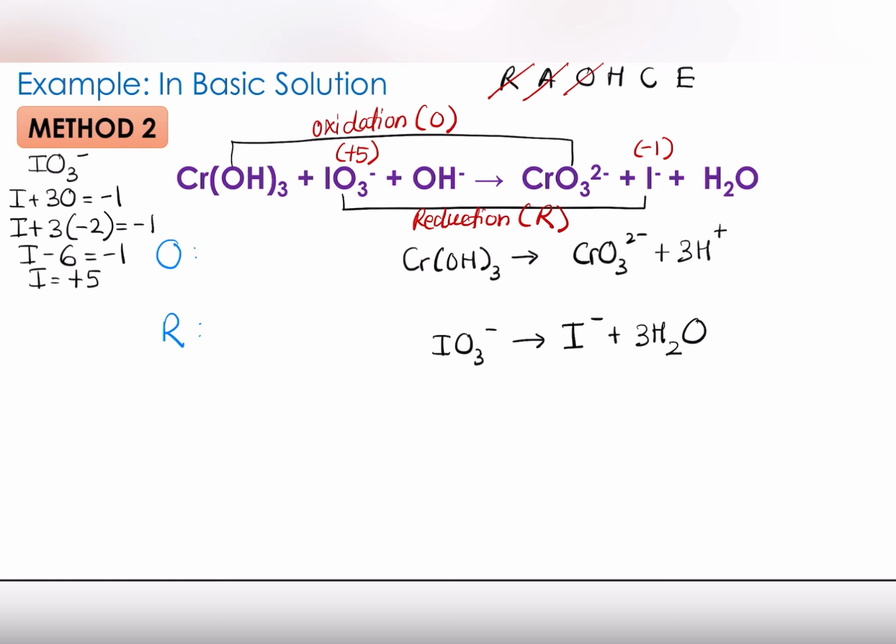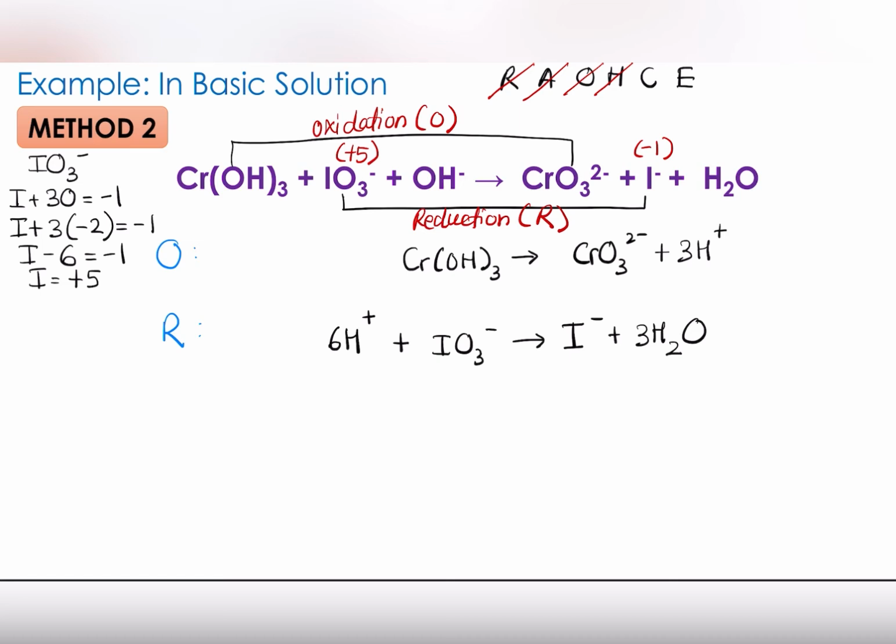And the next one, untuk bahagian reduction, I have 3 times 2, 6 hydrogen here on my right. So maknanya saya akan tambah 6H plus di bahagian kiri saya untuk reduction. So settle for hydrogen.